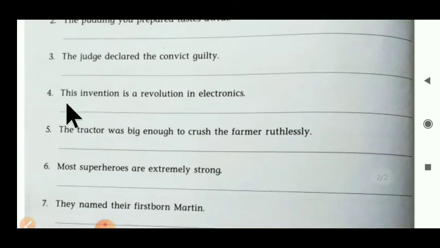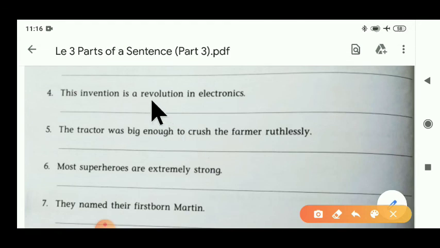The fourth sentence is: This invention is a revolution in electronics. So this invention is the subject here. Revolution is a complement here.